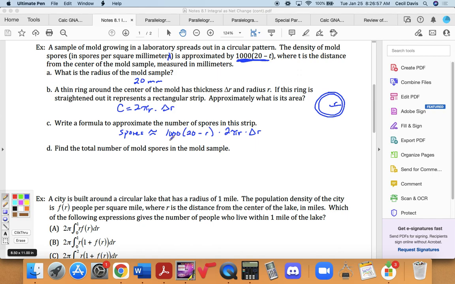So this is the density times the area. Right, which makes sense. That's going to give you the number of mold spores.